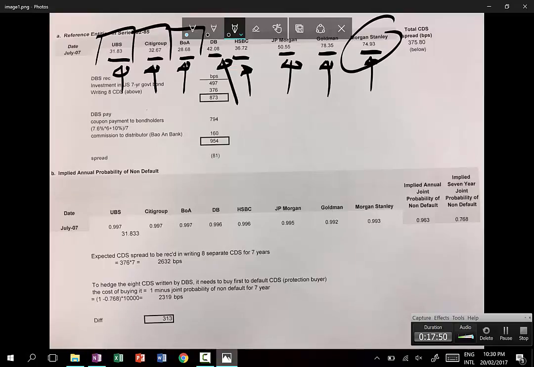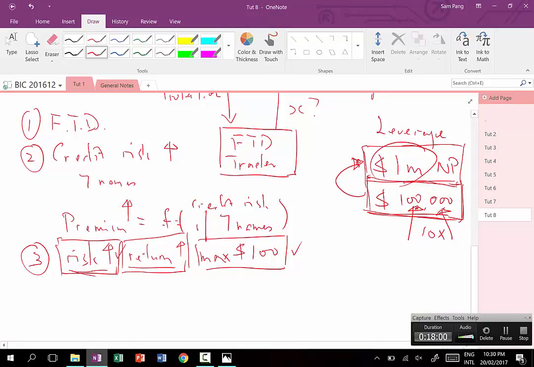Now, what is the sum? First of all, the sum is around 376 basis points. In fact, somebody has done the calculation. 376, the sum of all the spreads. You do not get paid that. So point number 4, you don't get paid the sum of the spreads.